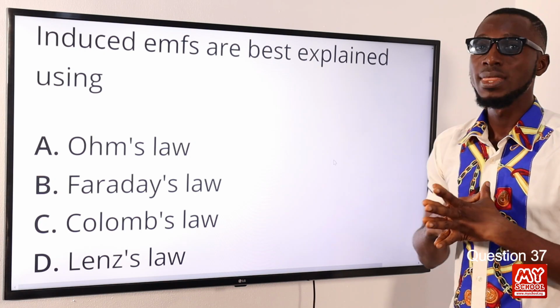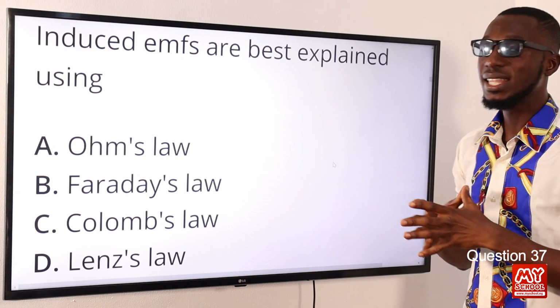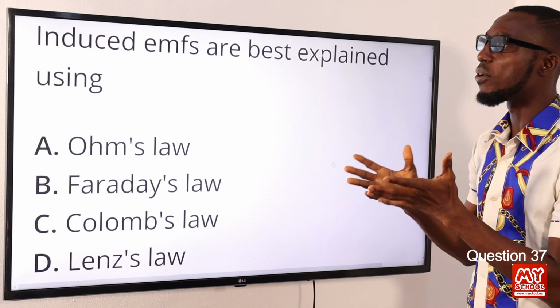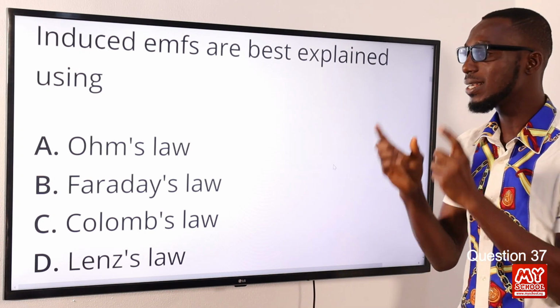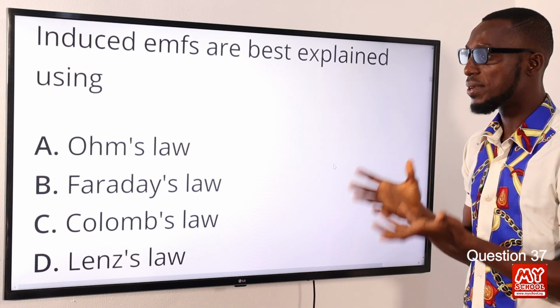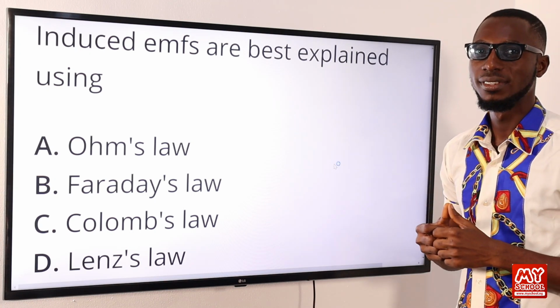Lenz's law basically identifies the direction of the induced EMF. One of the basic things we are looking for is how we have induced EMF. This is due to the change in magnetic flux, and that is found in the concept that Faraday presented. So we are giving it to option B, Faraday's law.